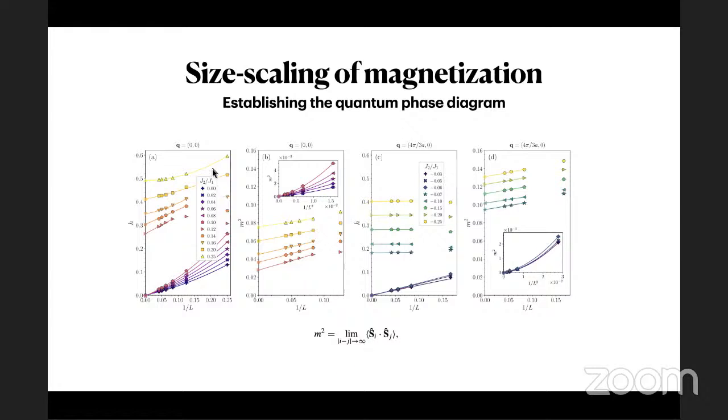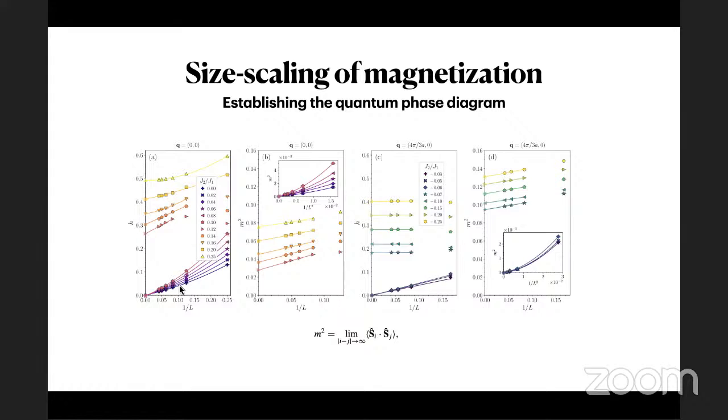If you look at how this behaves, starting from the nearest neighbor model, the magnetization in 1 over L is ultimately connected to the local Zeeman field. So they are equivalent. Here I show the scaling of the local Zeeman field, which on any finite system is finite.